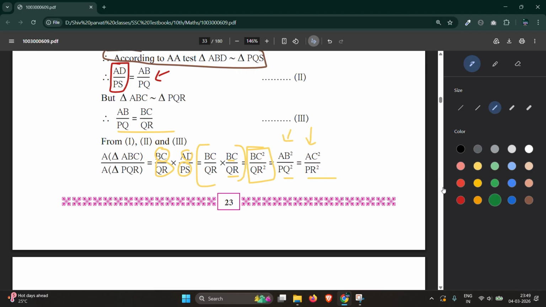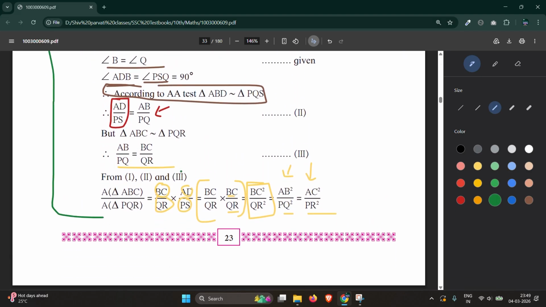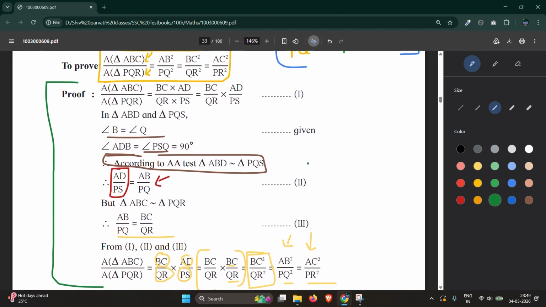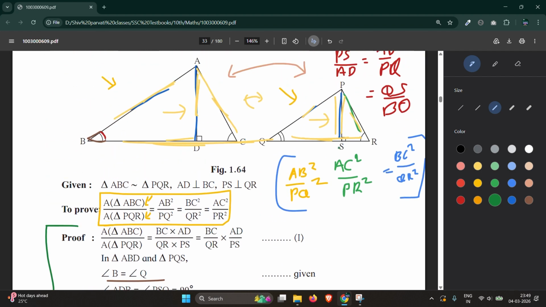So again, you can see that the proof itself is not at all very long, but you just have to remember the steps of what you're actually trying to do. You know that the area of a triangle is just base into height, and you can write that as AD into BC. And you're trying to prove the ratio of the areas, right?